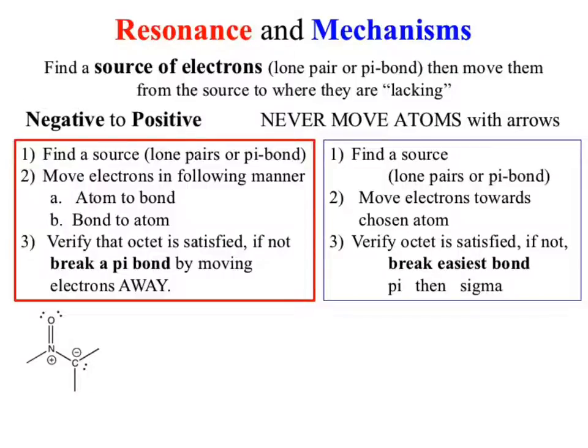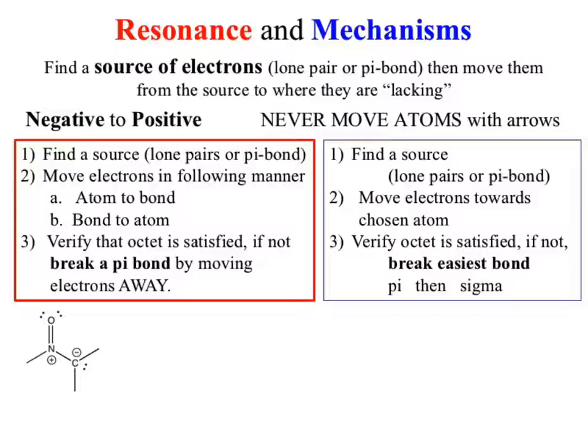Resonance and mechanisms. Okay, in resonance, all of these are showing curved arrows. We find a source of electrons. Our source of electrons can either be a lone pair or a pi bond. Those are our good sources of electrons. We will then move them from that source to some place that is lacking them, or some place that is reactive.